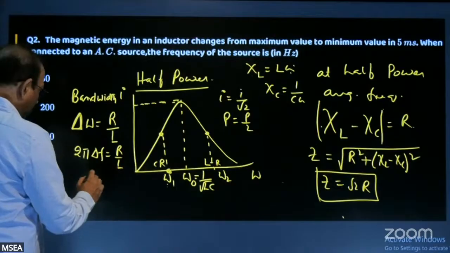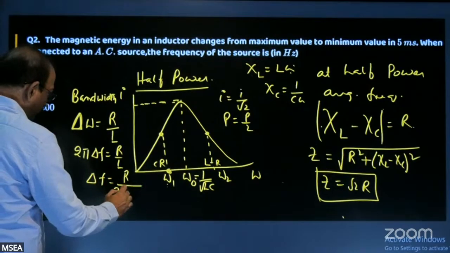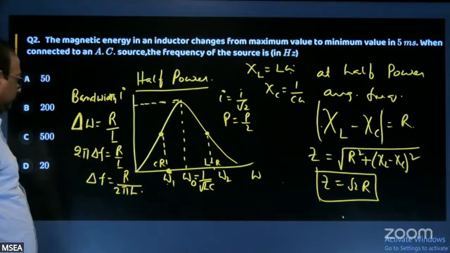It is R by L, so delta f is R by 2 pi L.